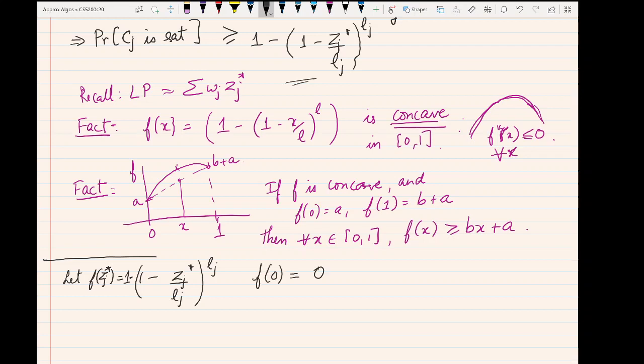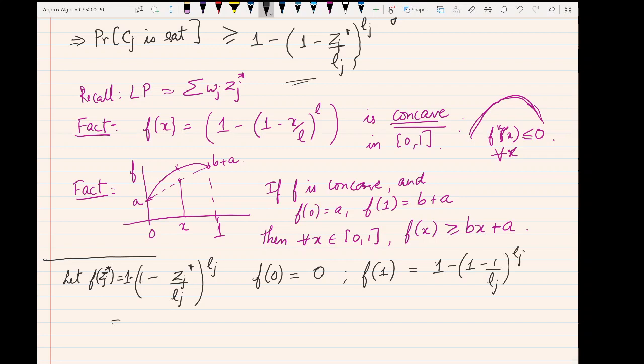Well, notice that it is exactly equal to 0. f of 1 is equal to 1 minus (1 minus 1 over Lj) raised to Lj.